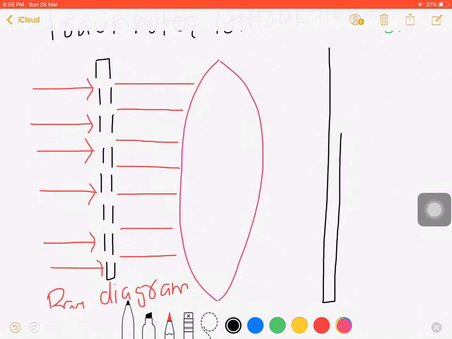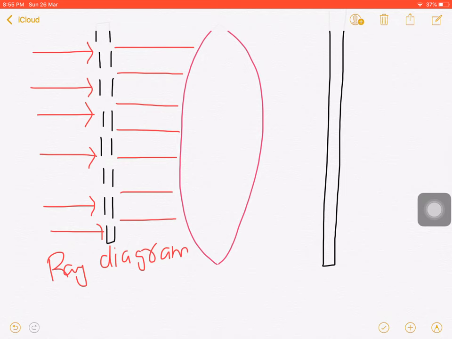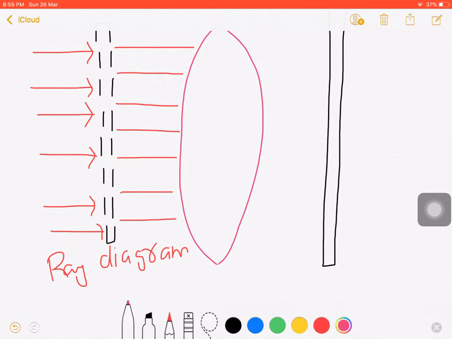As you can see over here, these slits are parallel, right? So in order to converge them, to focus them at a particular point, we have used a convex lens, which is known as a converging lens, right?